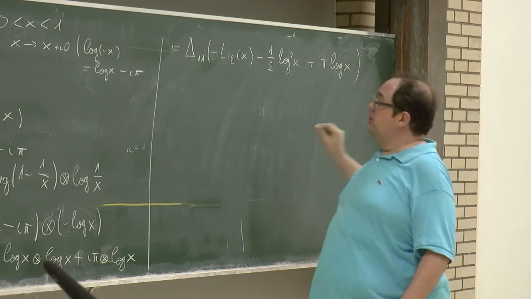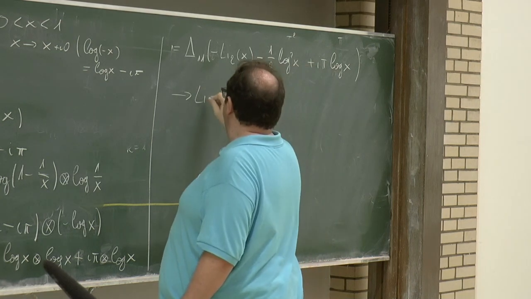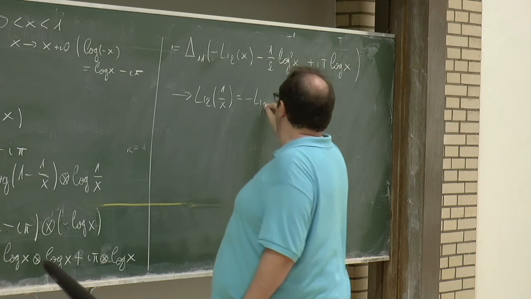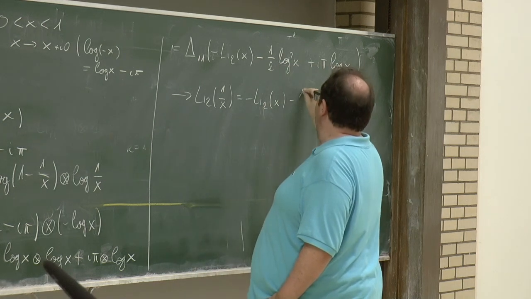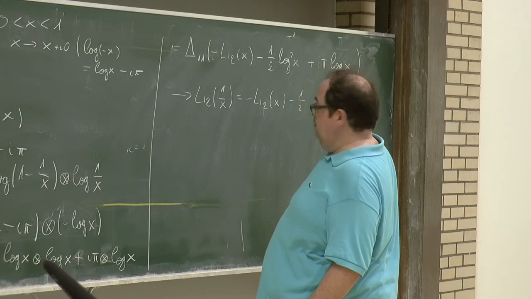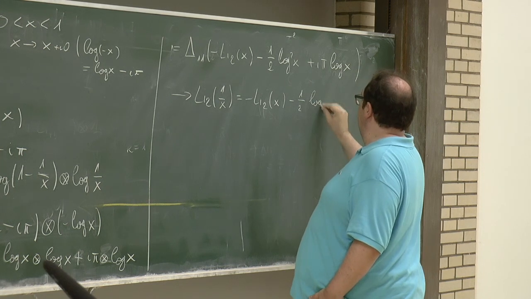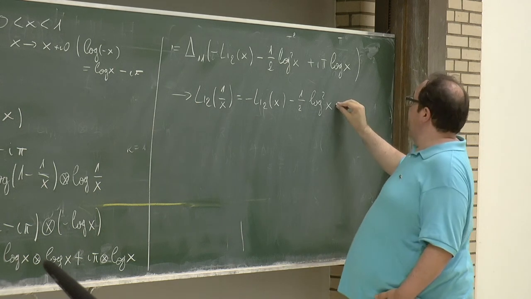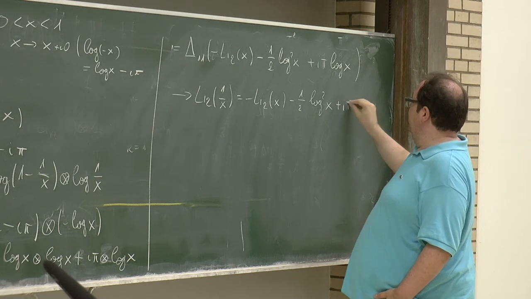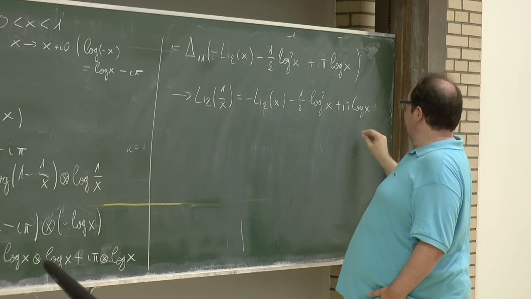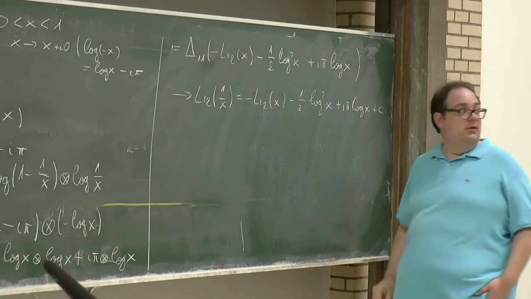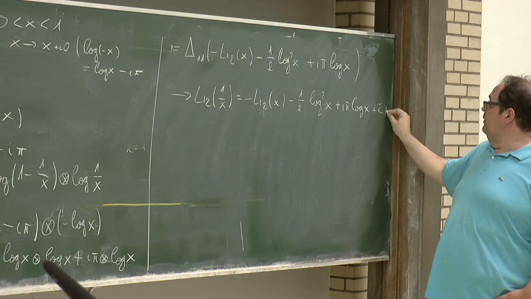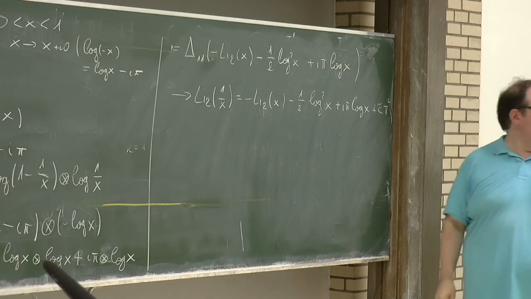Okay, so from this you conclude that V2 of 1 over x is now minus V2 of x minus 1/2 log square x plus I pi log x plus some constant of weight 2, which vanishes under delta 1,1, so it's proportional to pi squared.